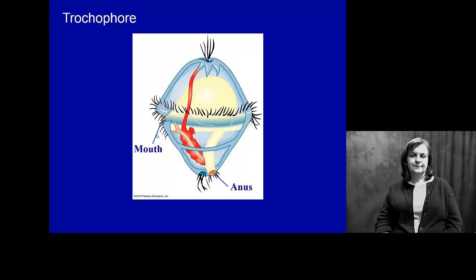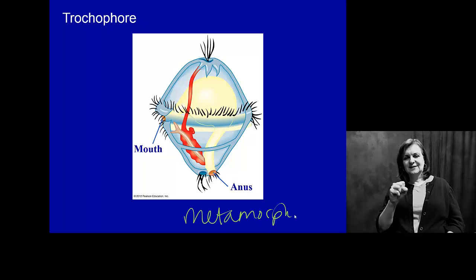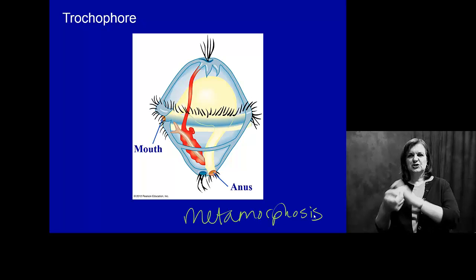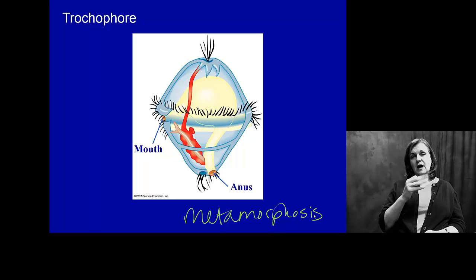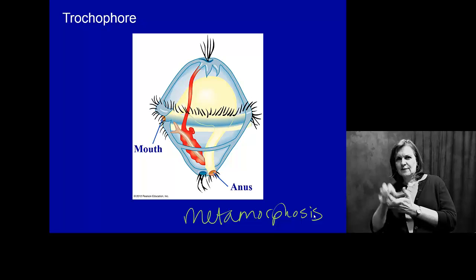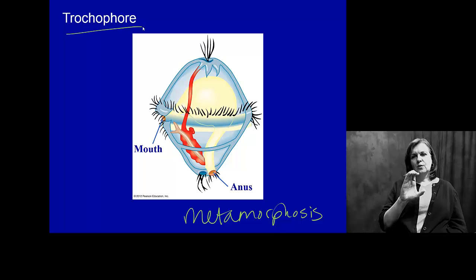Now, when we look at mollusks, we start to see more of this metamorphosis, or the change that occurs during development. So this is actually a larval stage of our mollusk. It doesn't look anything like the mollusks I've just showed you. I understand that. So it's something known as a trochophore.